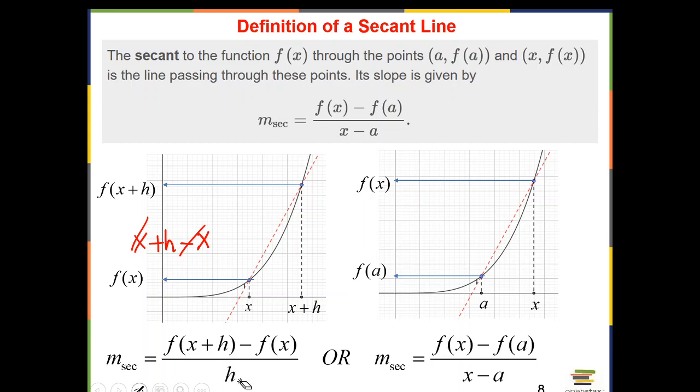So the slope of a secant line is given by these two expressions. Either of them actually works, and they both mean the same thing. They mean the slope of the secant line, which in turn means the average rate of change from this point to this point, okay?